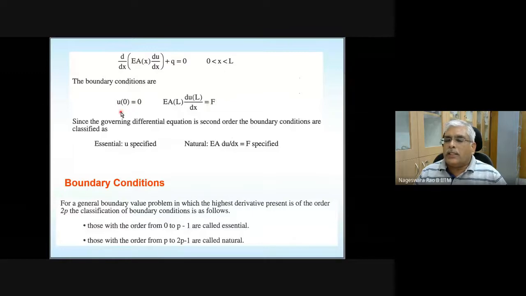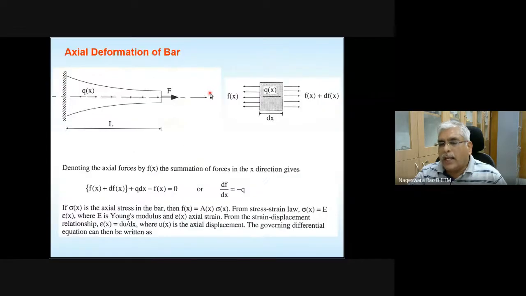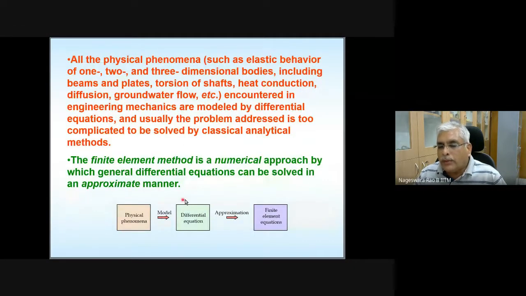One is essential boundary condition and the other one is natural boundary condition. Essential boundary condition is also called Neumann boundary condition. Natural boundary condition is also called Dirichlet boundary condition. Okay. Anyway, I just wanted to give this example to show you this process, physical phenomena translating into a differential equation.